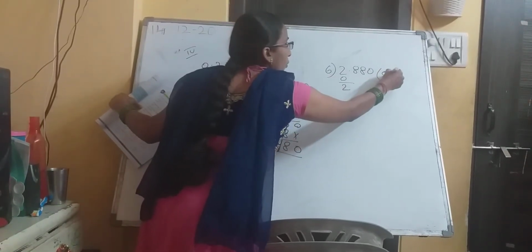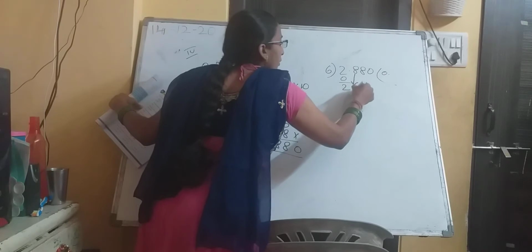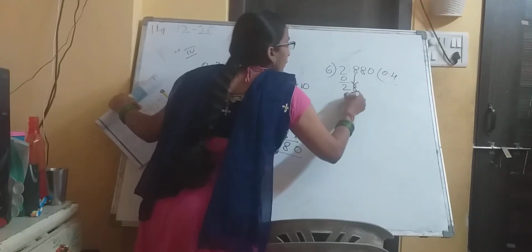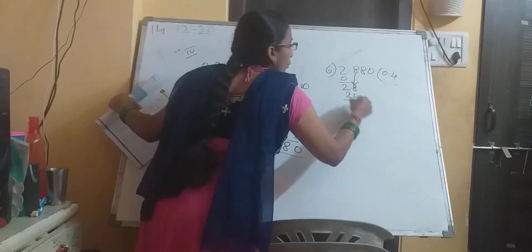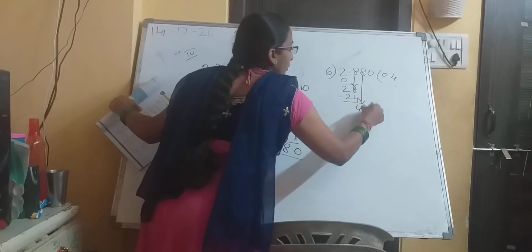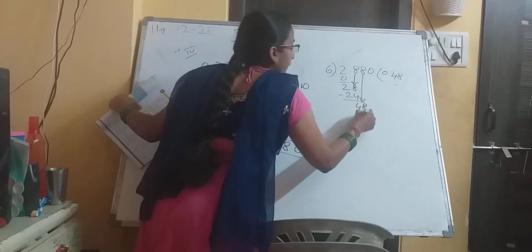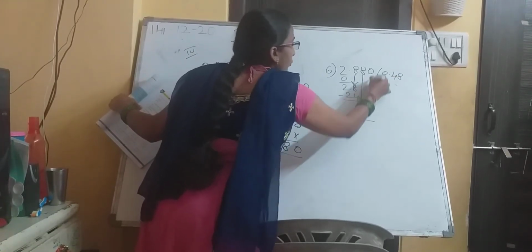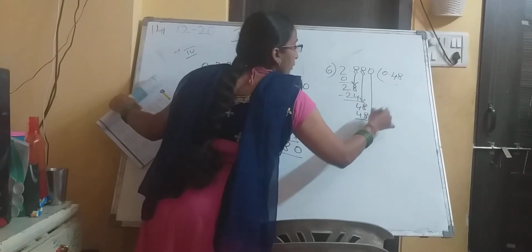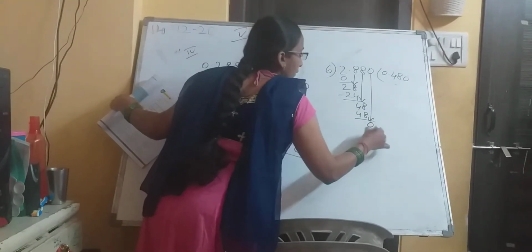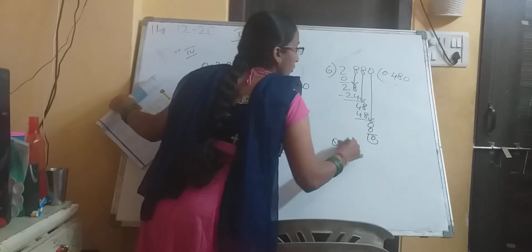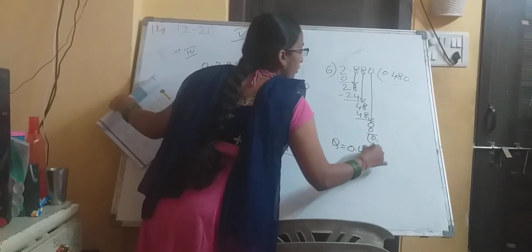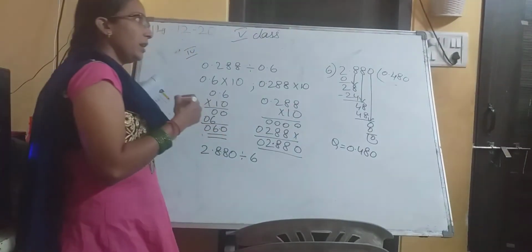This point will go here. Now 8 comes down. 6 4s are 24. Now 8 minus 4, 4. Again 8 comes down. 6 8s are 48. Now 0 again. 6 zeros are 0. Over. So quotient is equal to 0.480. Okay, come on, write this.